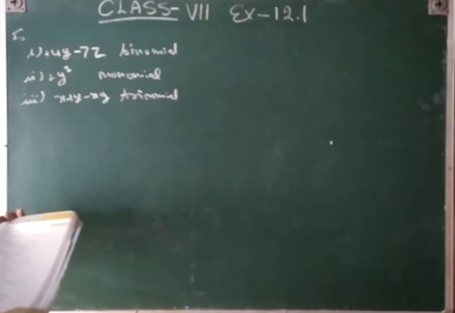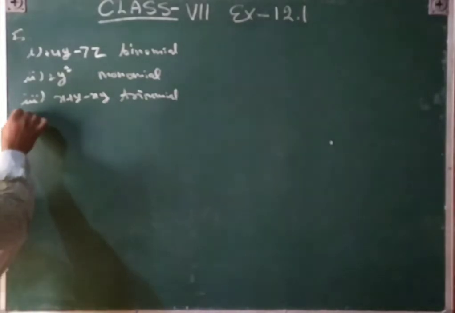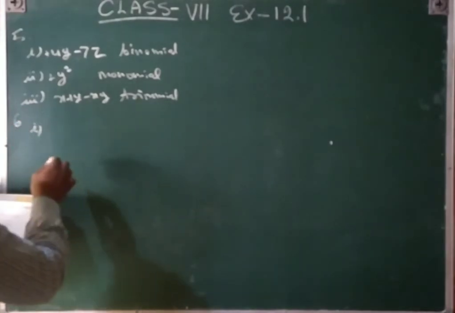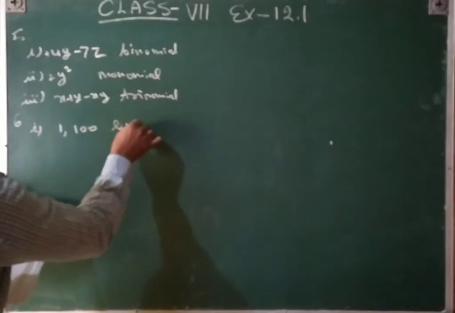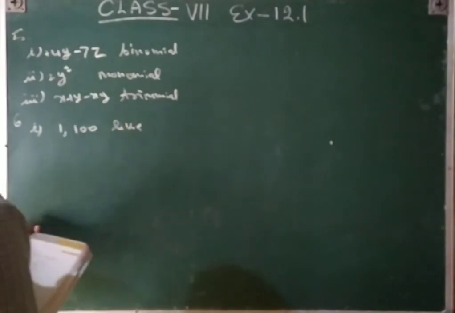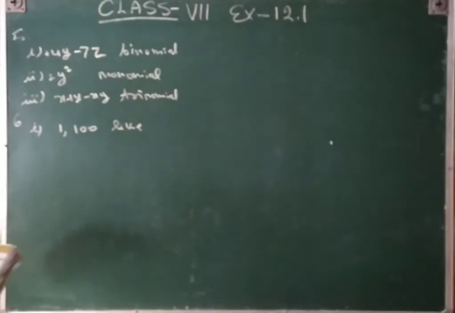And then next, sixth question: state whether a given pair of terms is like or unlike. So like terms are very easy. Like terms: 100, 1 and 100, that's a like pair, because we can add or subtract these.